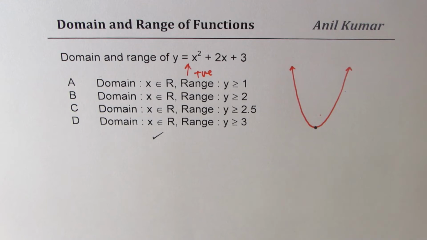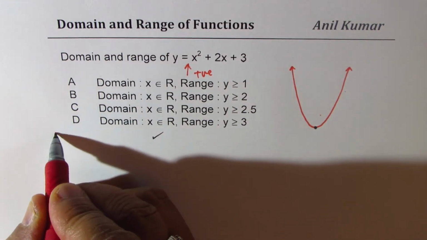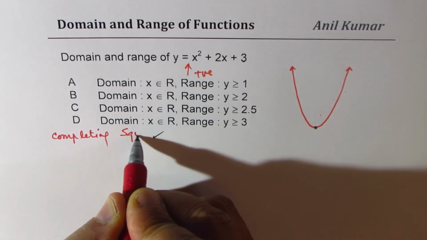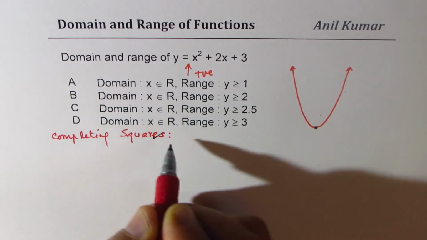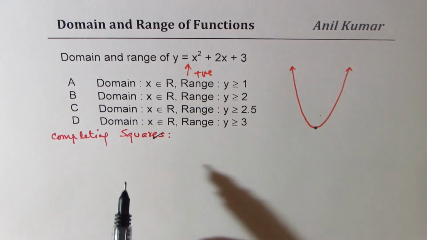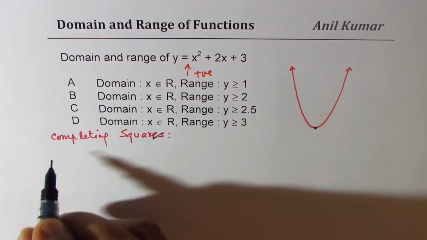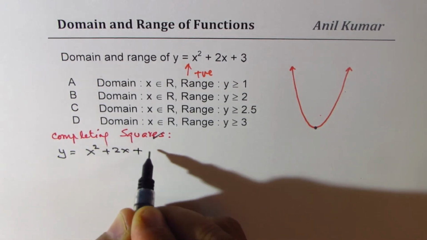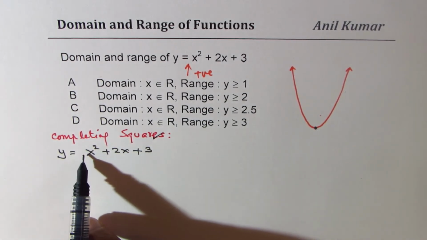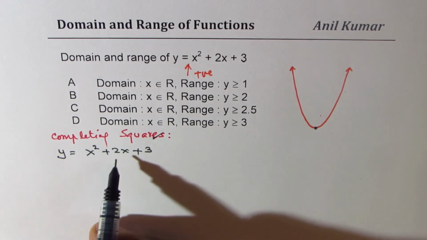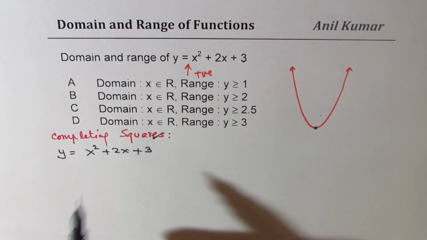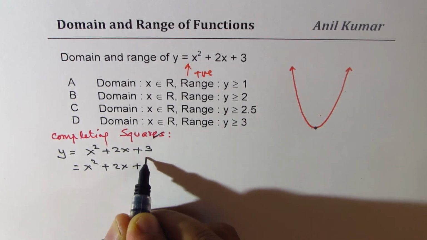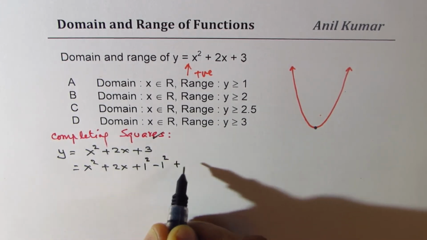To find the vertex, you have to complete the square. This is the most important skill you should know for answering such questions. So let's do that. y equals x squared plus 2x plus 3. The leading coefficient is 1, so we just add and subtract the square of half of 2. We get x squared plus 2x plus 1 squared minus 1 squared plus 3.